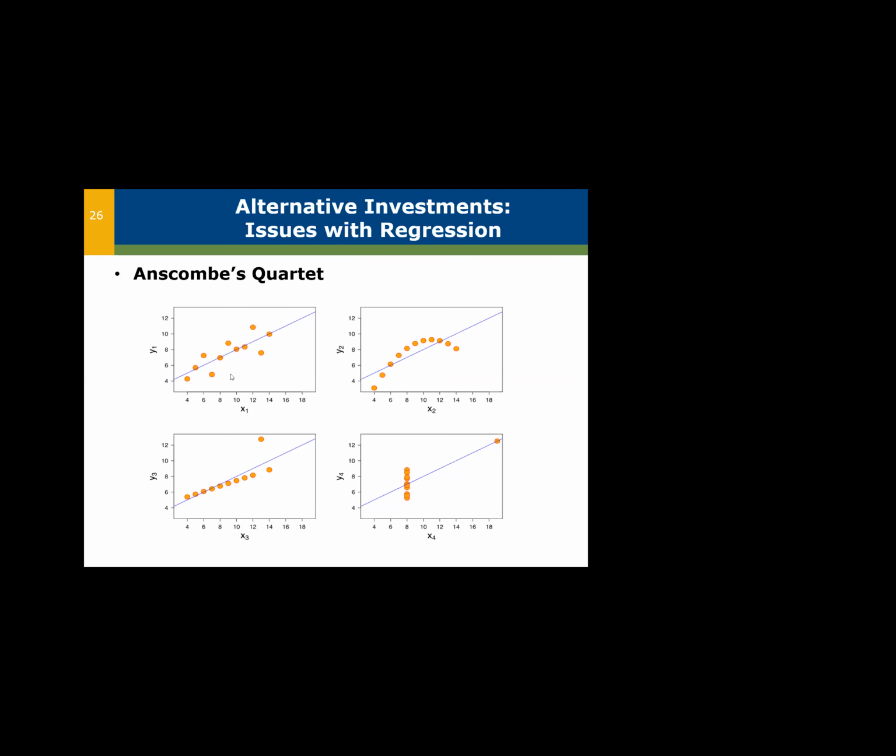The first one looks perfectly reasonable, and the other 3 data sets look kind of odd. The point is that all 4 data sets have the same statistics. I think that means they have the same R squared, mean, slope, intercept, all those things.